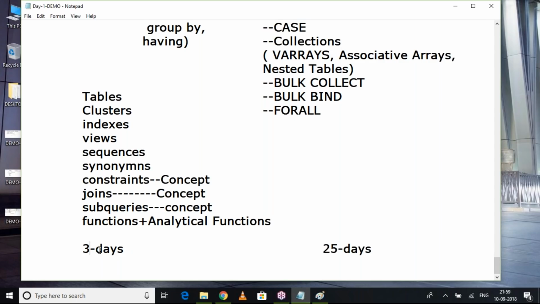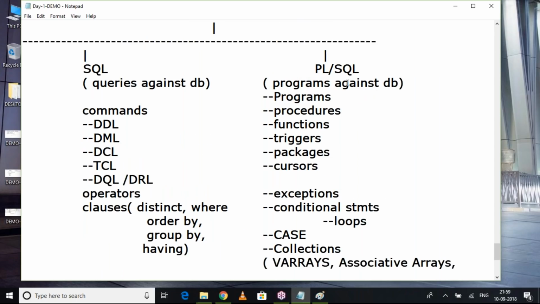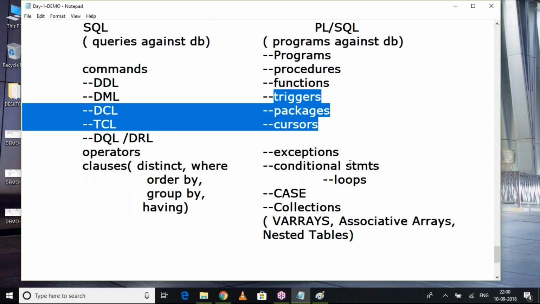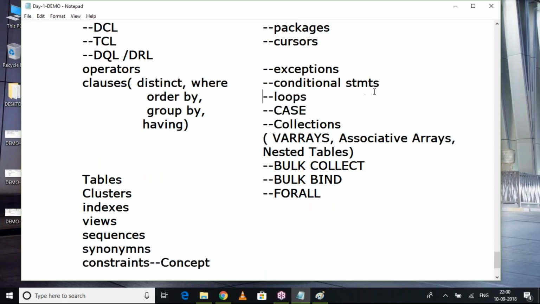PLSQL will take 25 days. The total duration is 60 days, including holidays. After finishing SQL, we discuss PLSQL, procedural language using SQL. Under this we will discuss programs, procedures, functions, triggers, packages, cursors, exceptions, and control structures: conditional statements, loops, case.